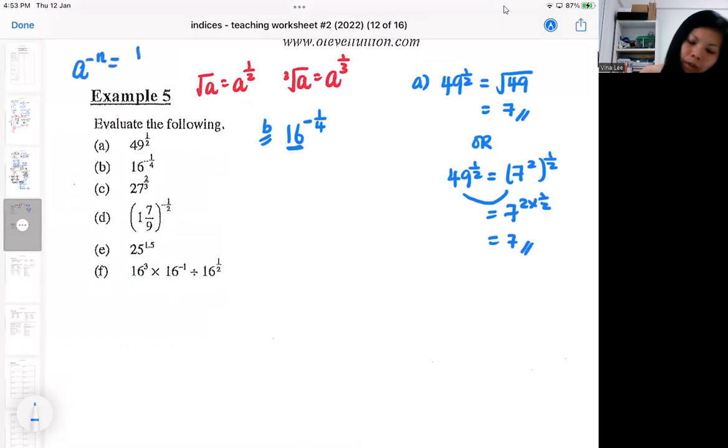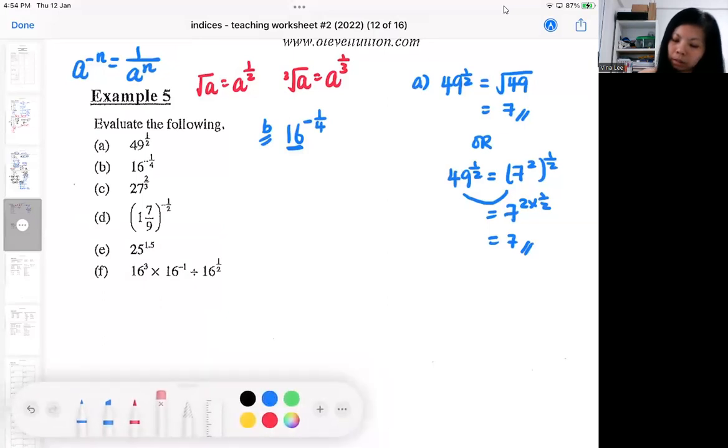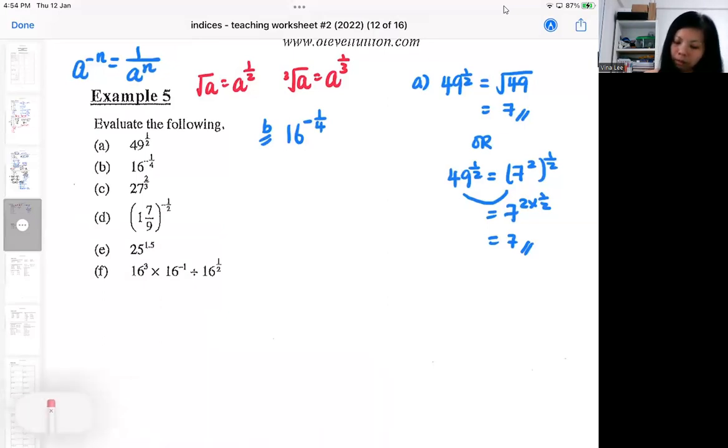So I should be using rule number 7. In this case, rule number 7 will let me make it into a fraction. And without any negative, 1/4 is the 4th root. So where it is the 4th root, you can do it this way, and you will get a half.